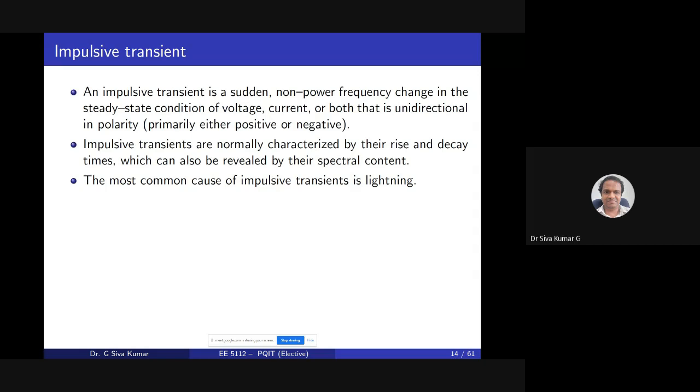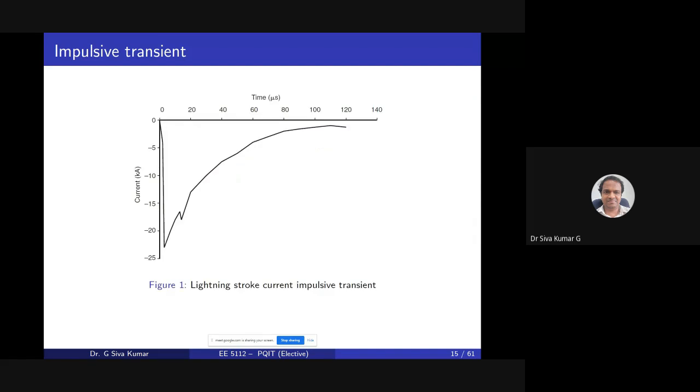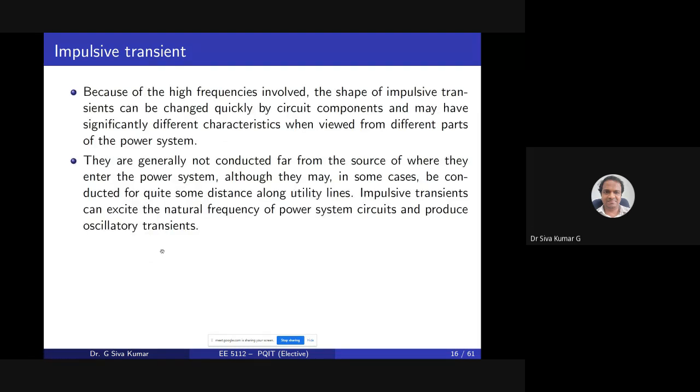If it occurs in the distribution system, it is not going to collapse the entire grid, but it causes an interruption, and if there are no surge arresters, it causes a fault in the system. One waveform we saw of an impulsive transient is on the order of kiloamperes, around 24 kiloamperes, flowing only in the negative direction.